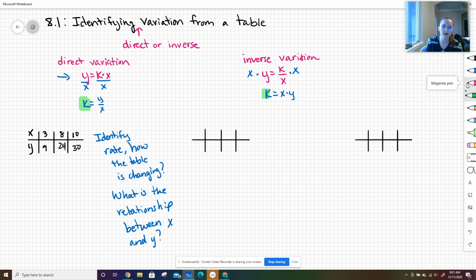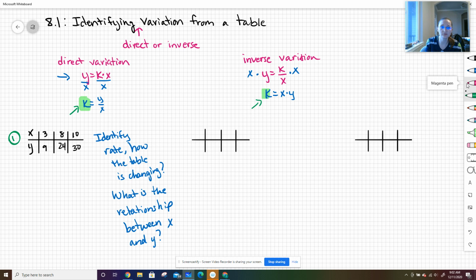So let's take a look at our first example, number 1. I want to know, do I get the same constant by dividing my x's and my y's or by multiplying my x's and my y's? At this point, we're just going to pick one and test it out.